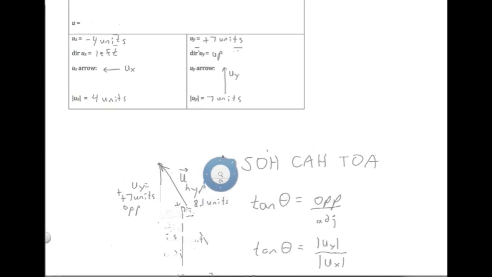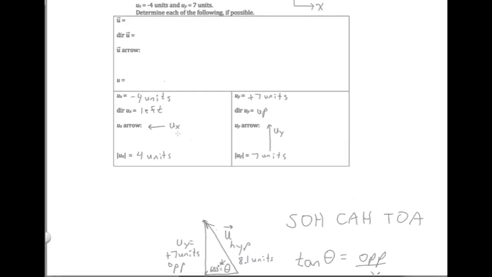Now we're ready to fill in our table. So the magnitude of the overall vector is 8.1 units. And we figured out that the arrow for the overall vector points kind of like this.